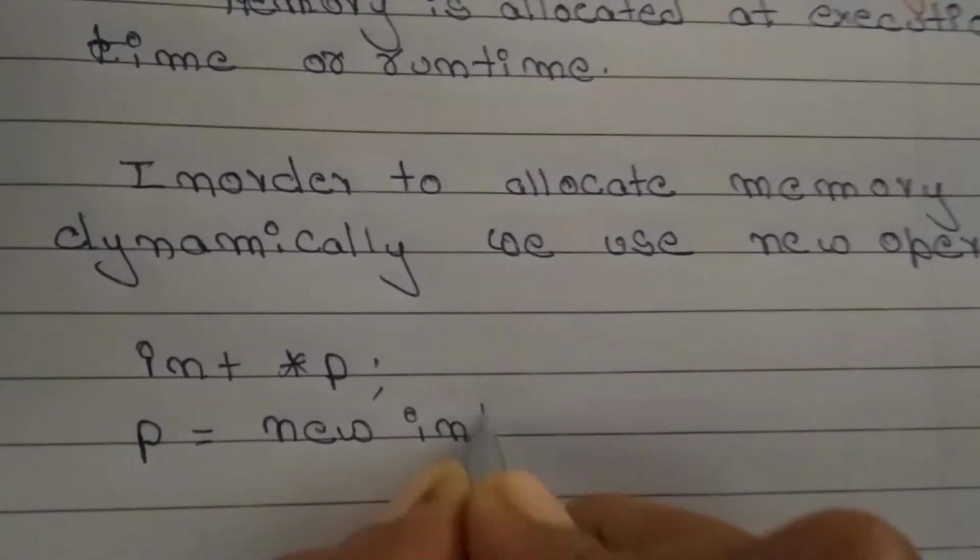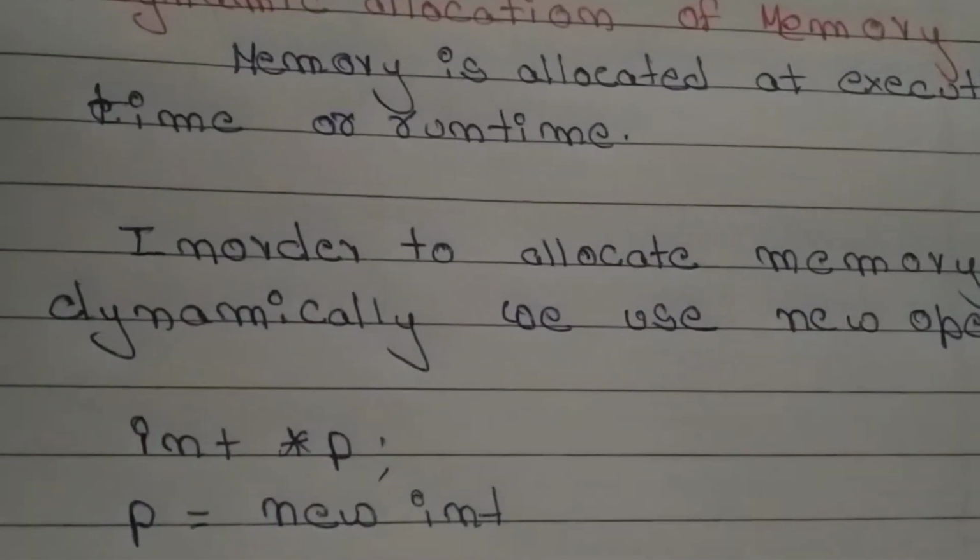What do you mean by this? I'll just explain you, listen. First I am telling that I need memory with the help of new. Immediately I'll tell how much amount of memory is needed. When I create a new memory, its address I am going to assign to a variable called p. What is p, ma'am? P means it's a pointer variable.